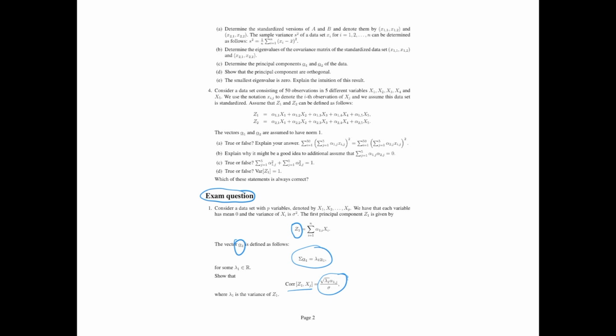Alright, so what we will do. We start with the definition. So the covariance between z1 and xj, I can write by plugging in here the expression for z1. We can then use that the covariance of the sum I can write as a sum of covariances.